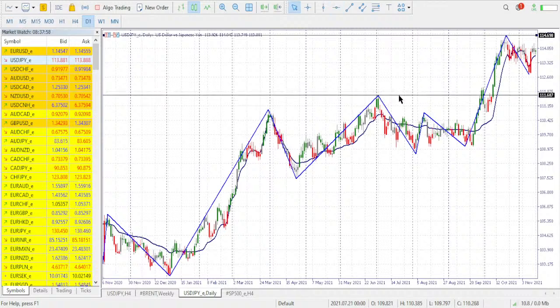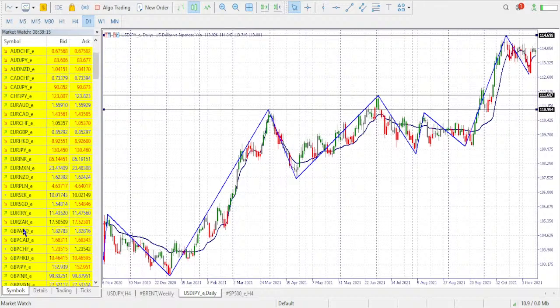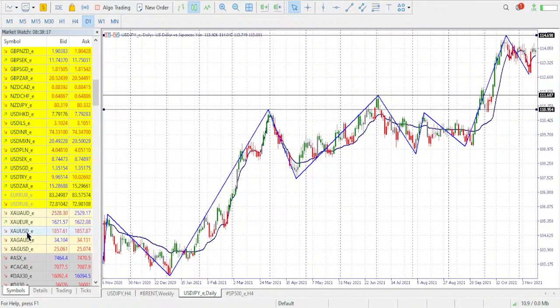Unless the price clearly breaks and closes above 114.698, we expect a pullback at least up to somewhere within this area here.